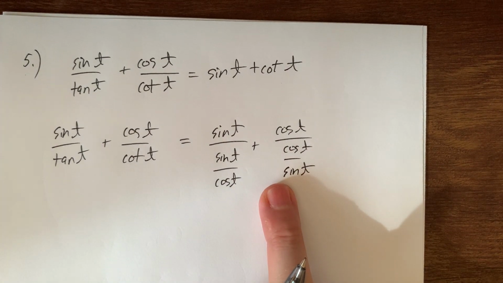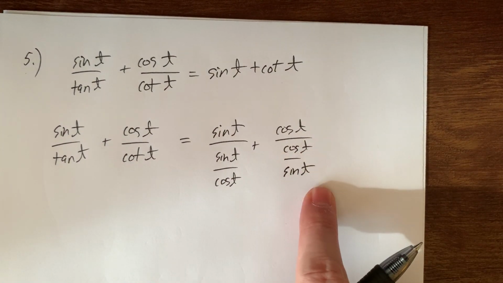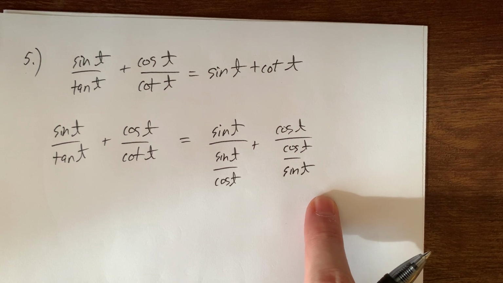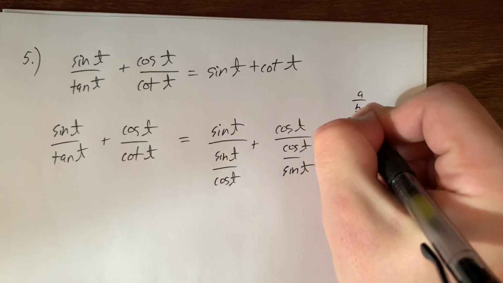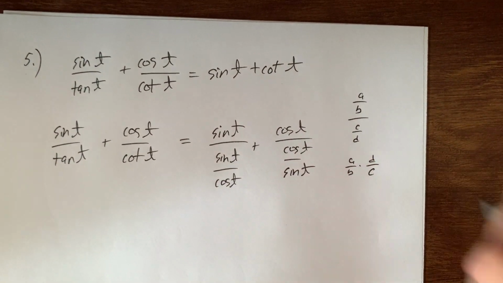And now I'll clean up. By having this ugly division, before I even think about combining the fractions, just looking at this ugly division, these are compound fractions. So thinking about this as an a over b divided by c over d, that becomes a over b times d over c.